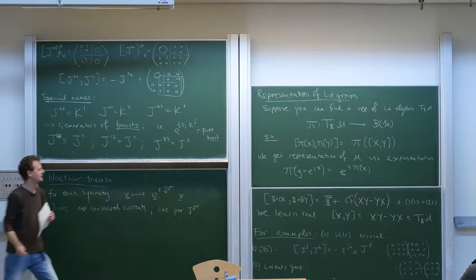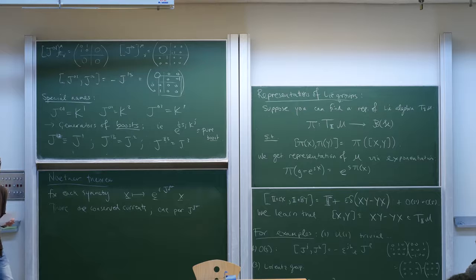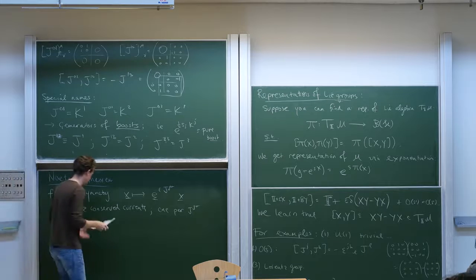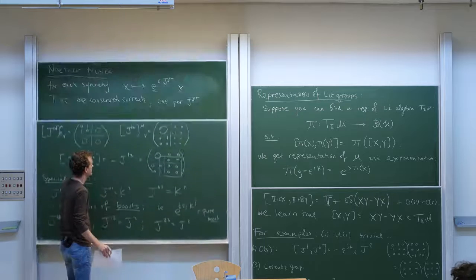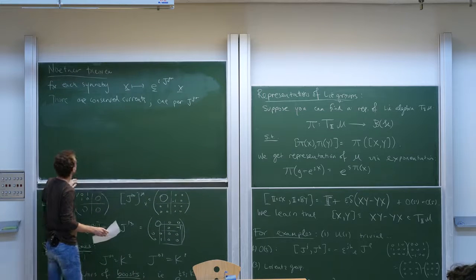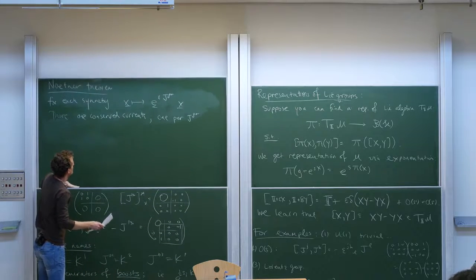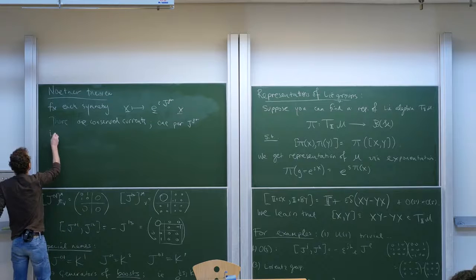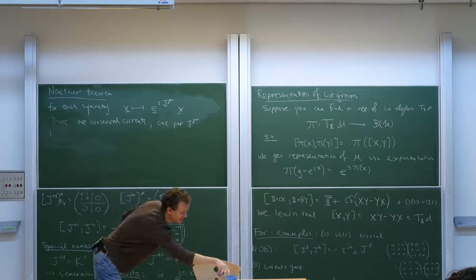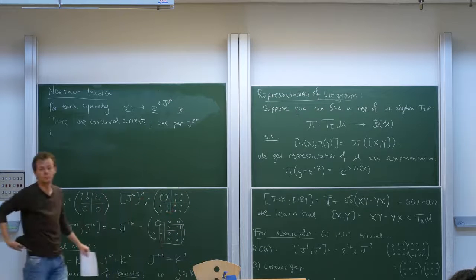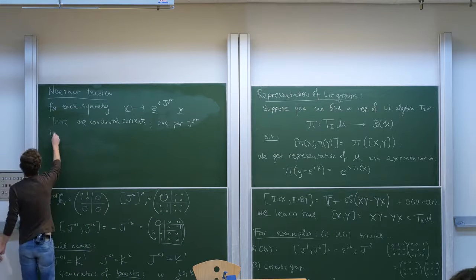One per each of these J sigma mu's, J rho sigmas. That means there's 6 conserved currents. There's 6 generators.